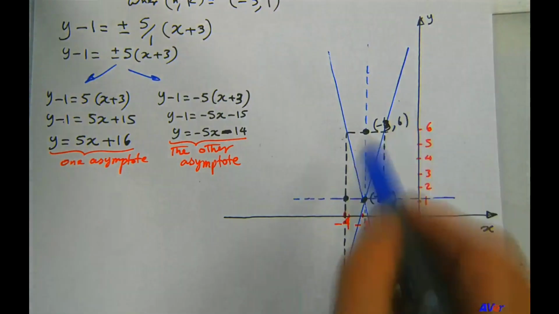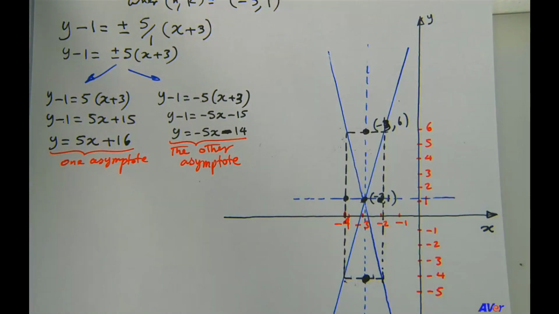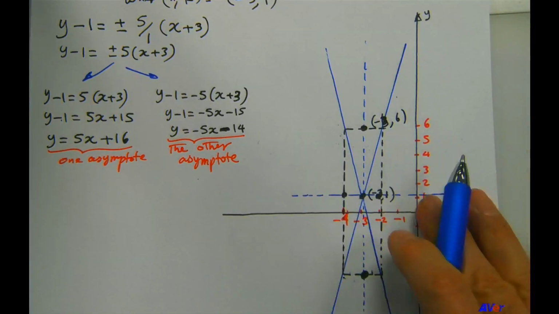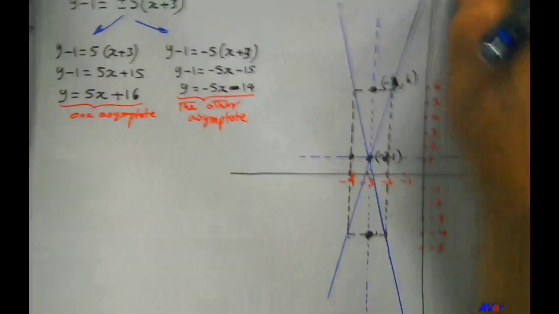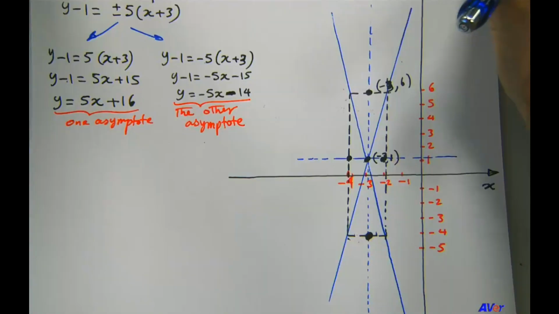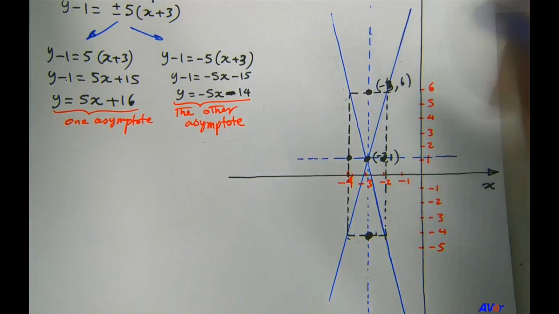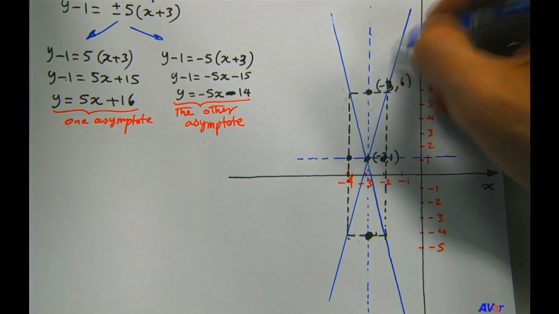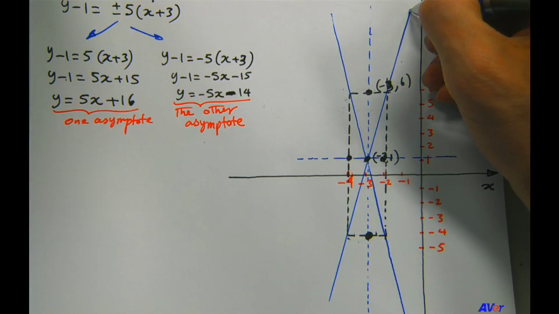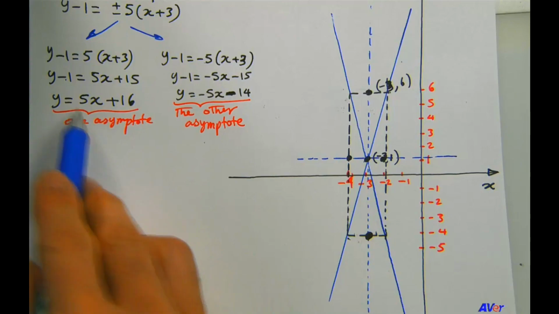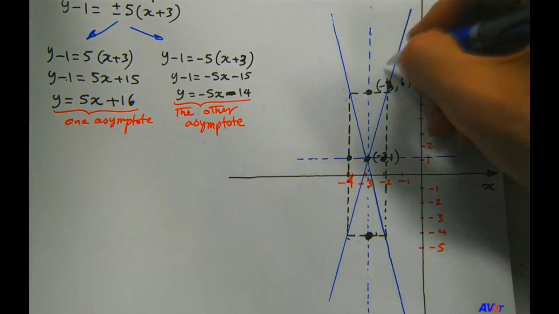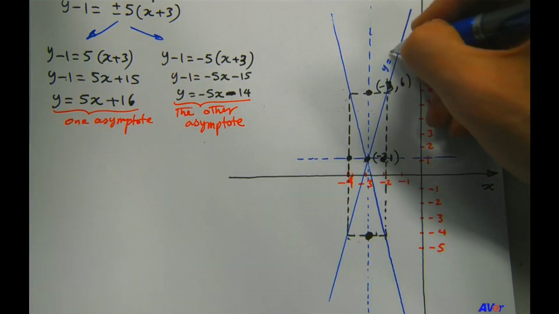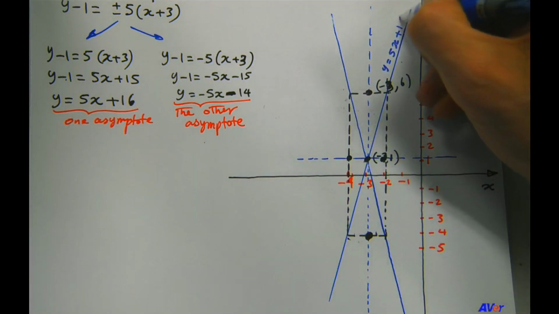We know the equations of these asymptotes, right? One of them is going to be associated with this uphill sloping line. Let me move this up a little bit. So I'm going to put right on top of this asymptote, the one that has a positive slope, y equals 5x plus 16.